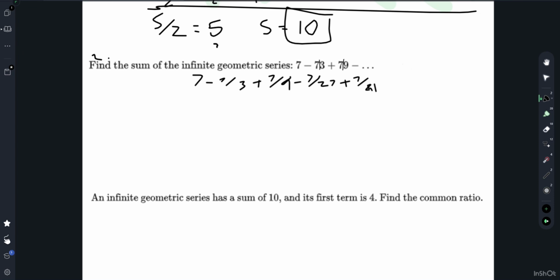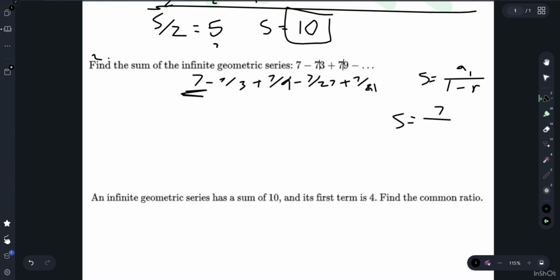One thing we can do here is use the formula for finding the sum. The formula is S is equal to a1 over 1 minus the common ratio. a1 is the first term, which here is 7. So the sum is equal to 7 over 1 minus negative 1 over 3, because the common ratio here is negative 1/3.